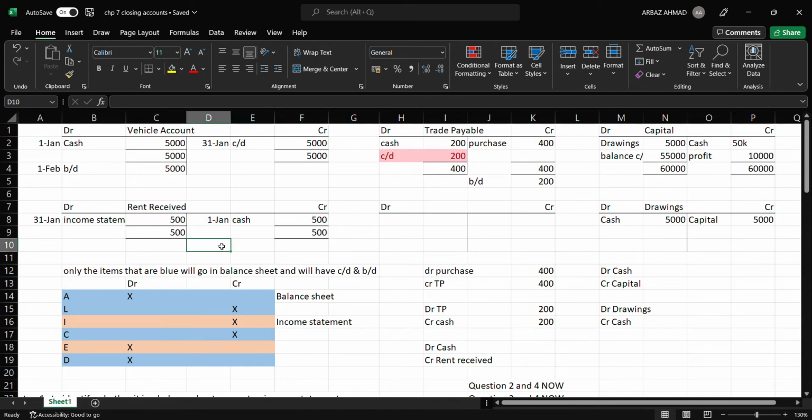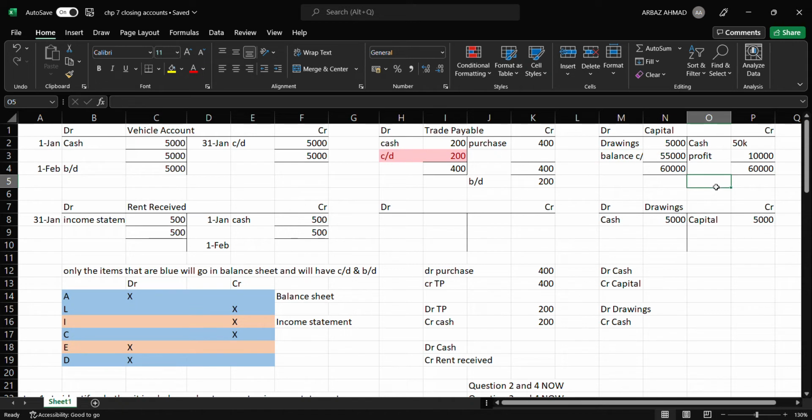So if we were to have one account in 1st Feb, it's going to be a new transaction. Our income statement and expense accounts are going to start from 0, so there is going to be 0 balance in any income or expense account. But if we have any asset or any liability or any capital, we can have balance carried down.